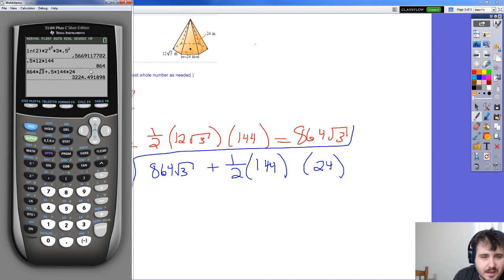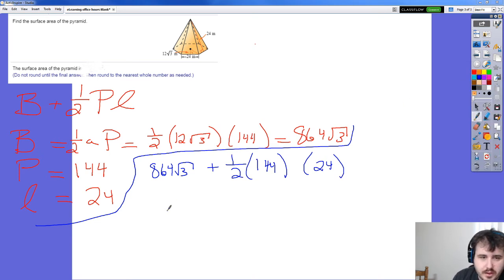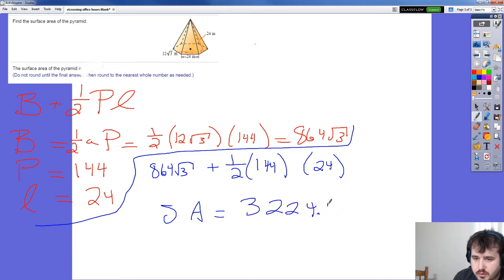And so you should get, let me move this over here, your surface area is equal to 3224.491898, 3,224 and 491,898 millionths. And we need to round to the nearest whole number.